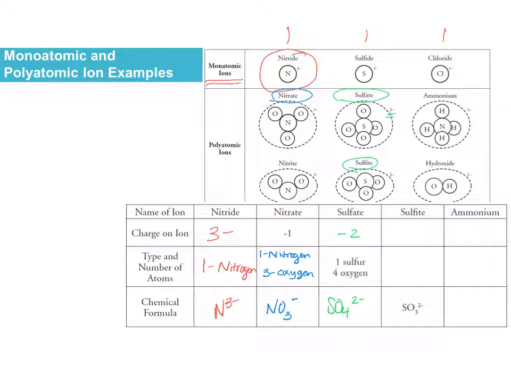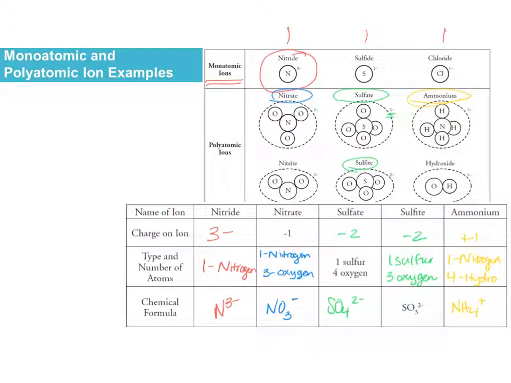That's got 1 sulfur and 3 oxygens, and its charge is also -2. And then ammonium has a +1 charge, 1 nitrogen and 4 hydrogens. So that's going to be NH4+.